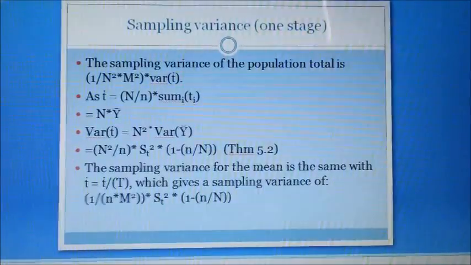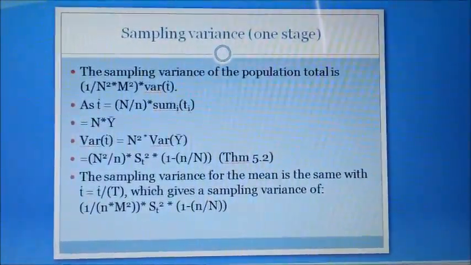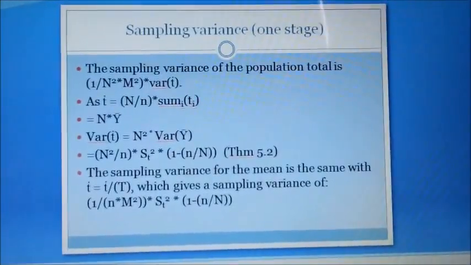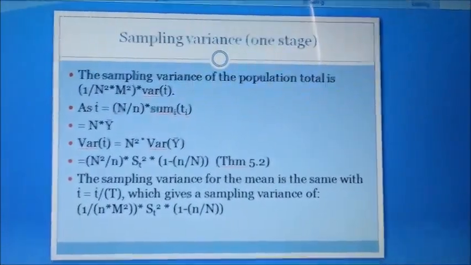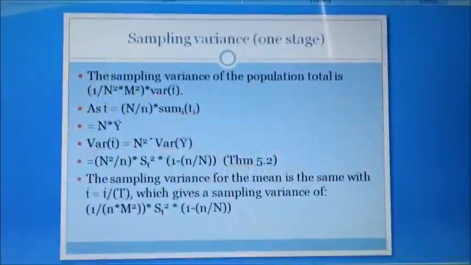So the variance of T dot is equal to N squared times the variance of y bar. And we know from theorem 5.2 that this comes out to be N squared over n times the standard deviation of t squared times 1 minus n over N.